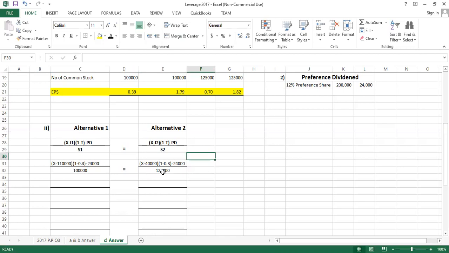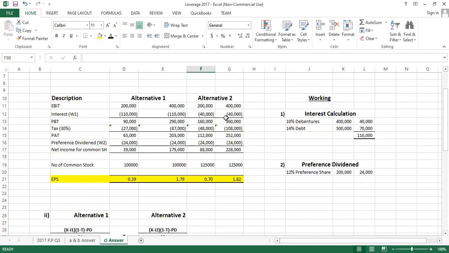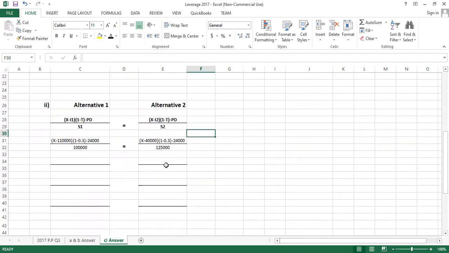Likewise, alternative 2: open the bracket, X minus alternative 2 interest, already calculated as 40,000. We only consider the 10% debentures of 440,000. So 40,000, close the bracket.